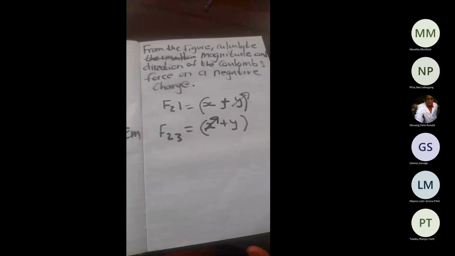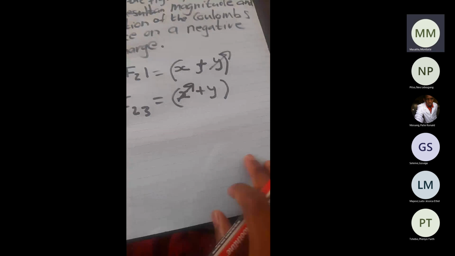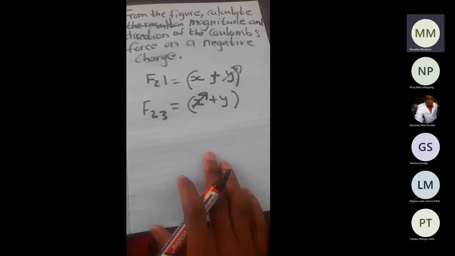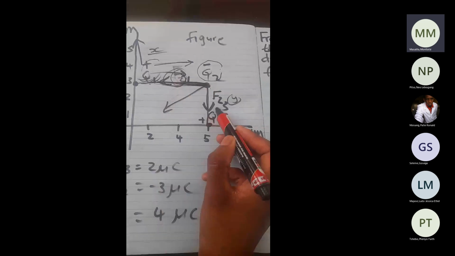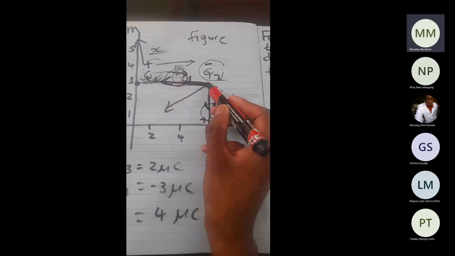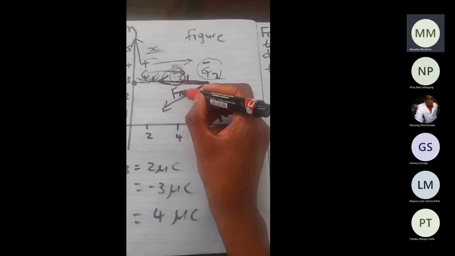But at the end, when you add this force, I mean the magnitude of this force and the magnitude of this force should give you what? This force. Let's call it the force magnitude.